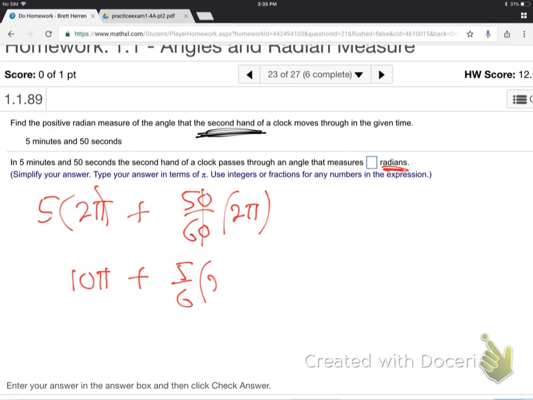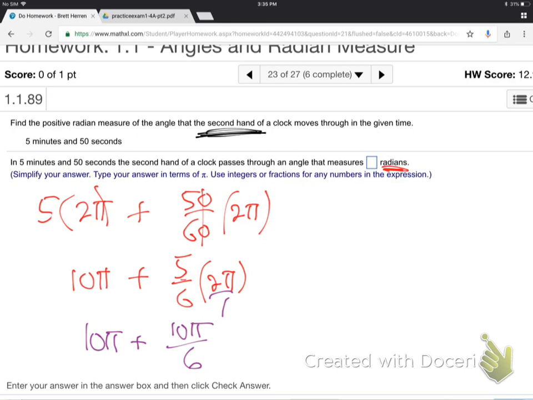It's 5/6 of 2 pi. You tracking with me? Put the 2 pi over 1, so 10 pi over 6, or you could cross cancel the 2 and the 6 and make it 5 pi over 3. Either way. We good so far?